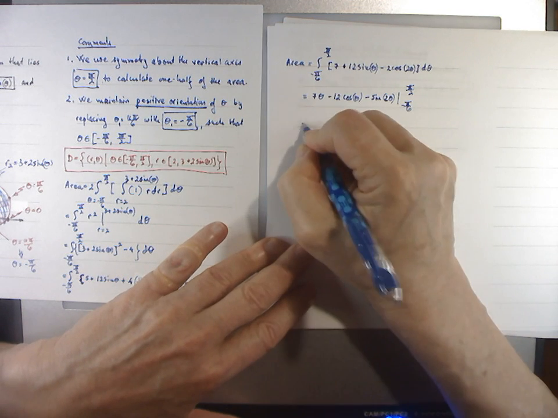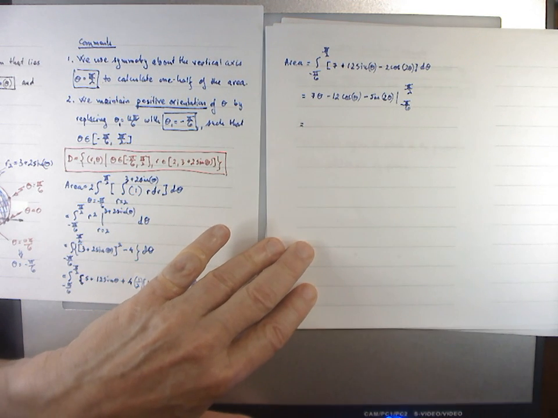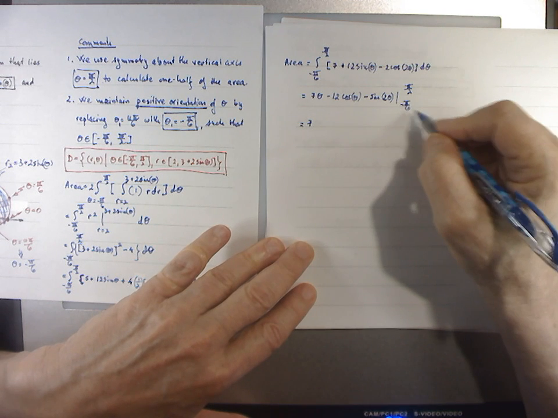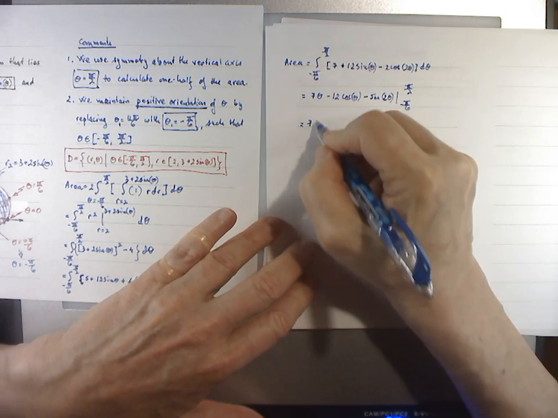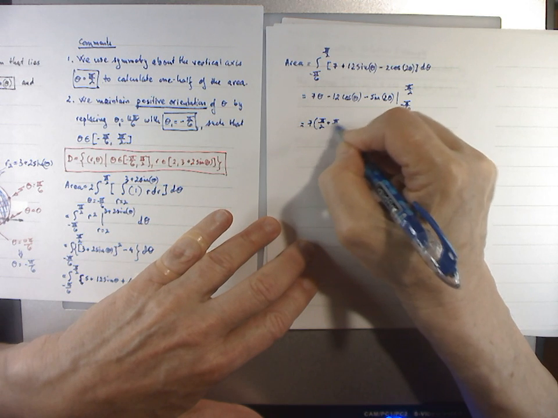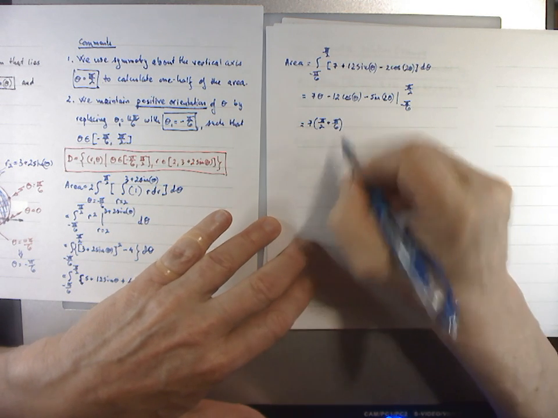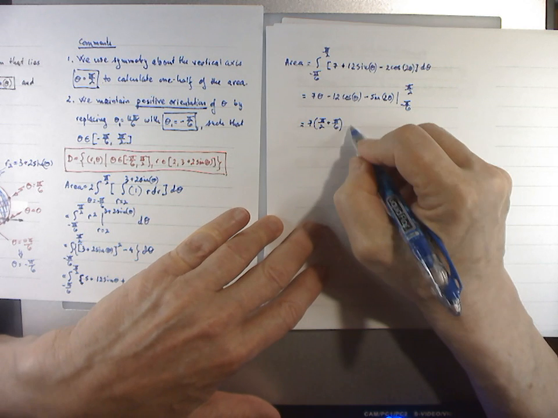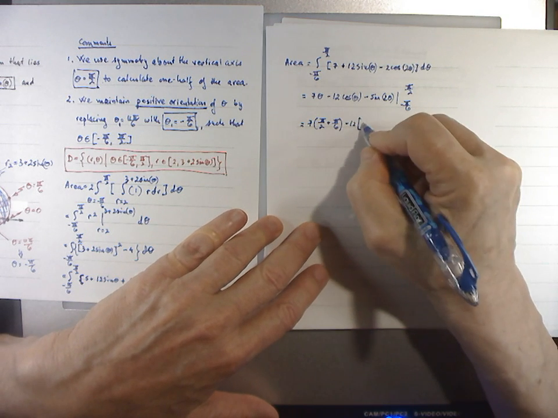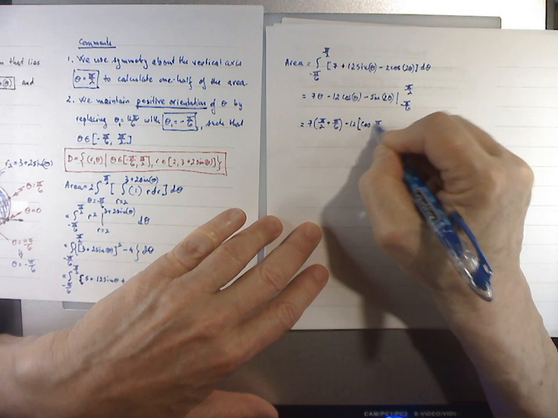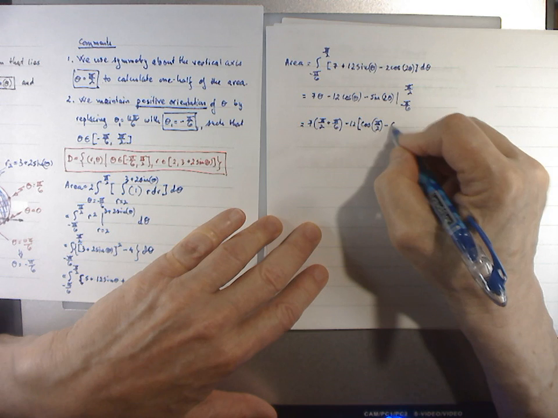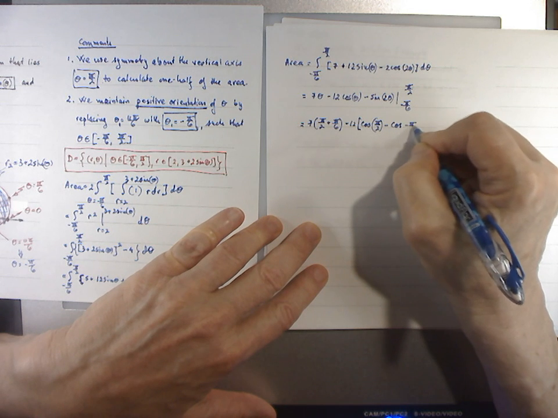Well, I have 7, so pi over 2 minus negative pi over 6. So 7 will multiply pi over 2 plus pi over 6. We have minus 12 times cosine pi over 2, which is 0, minus cosine of negative pi over 6.